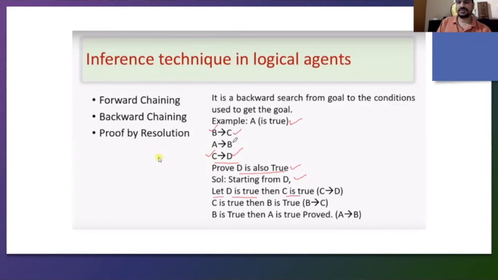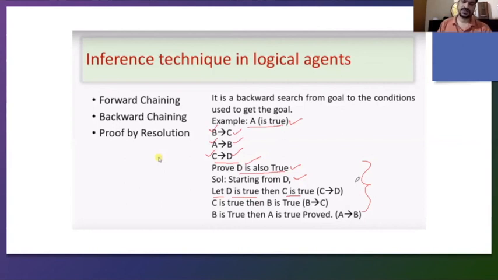If B is true, then definitely A is also true. And definitely A is true here. In this particular example, A is written as true. So in that way, we can prove that D is also true. This is how backward chaining works. It is just the opposite of forward chaining.